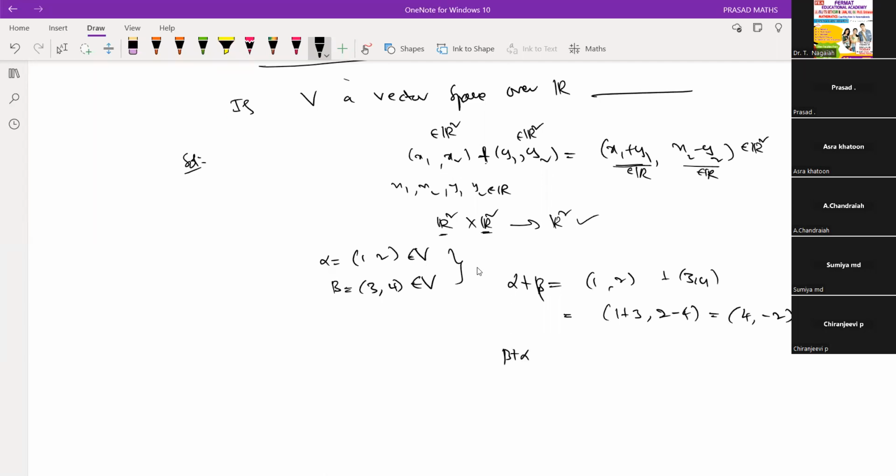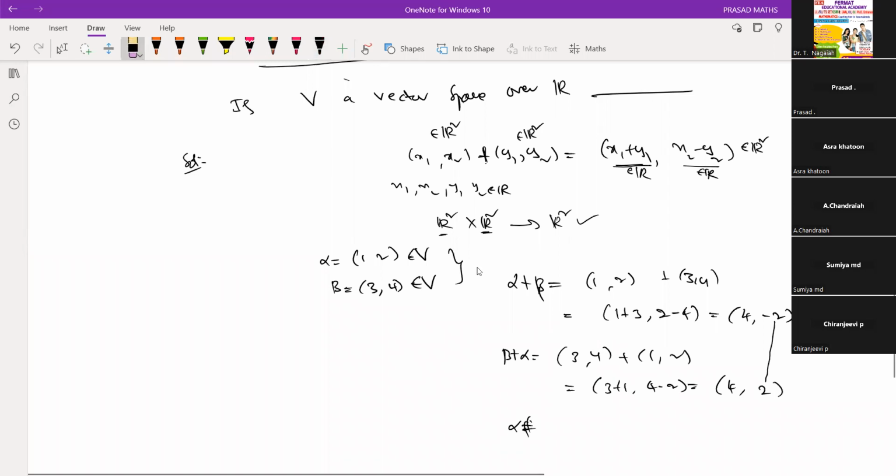And beta plus alpha is 3 comma 4 plus 1 comma 2, which is 3 plus 1, 4 minus 2, equals 4 comma 2. Therefore, we observe that these two differ. Therefore alpha plus beta is not the same as beta plus alpha.